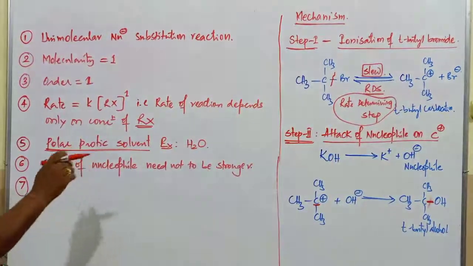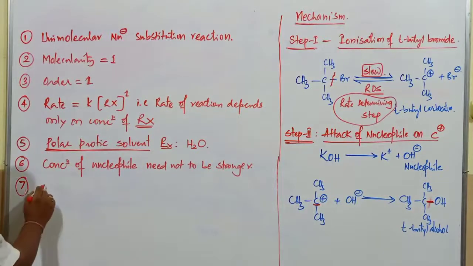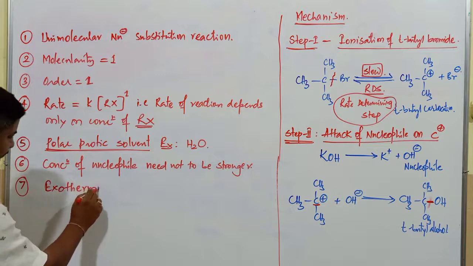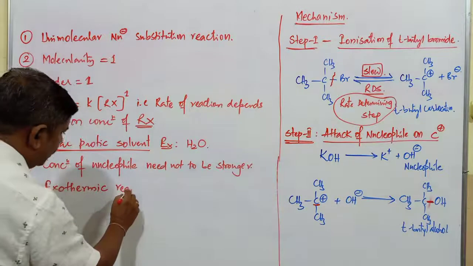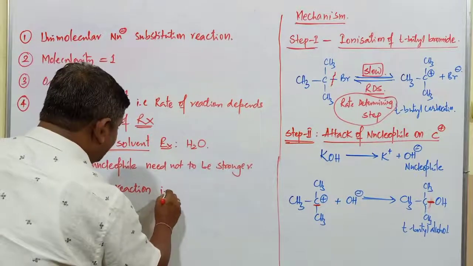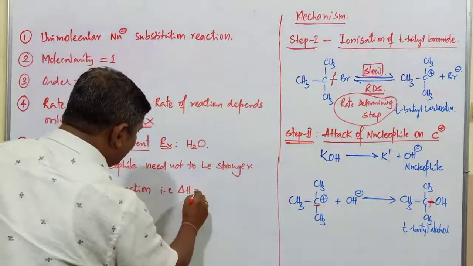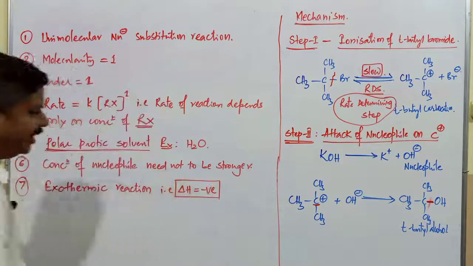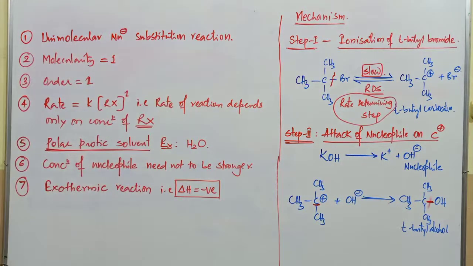Next, coming to the thermodynamic part, this particular reaction is an exothermic reaction, that is, delta H is negative. When delta H of the reaction is negative, does the reaction take place at low temperature or high temperature?